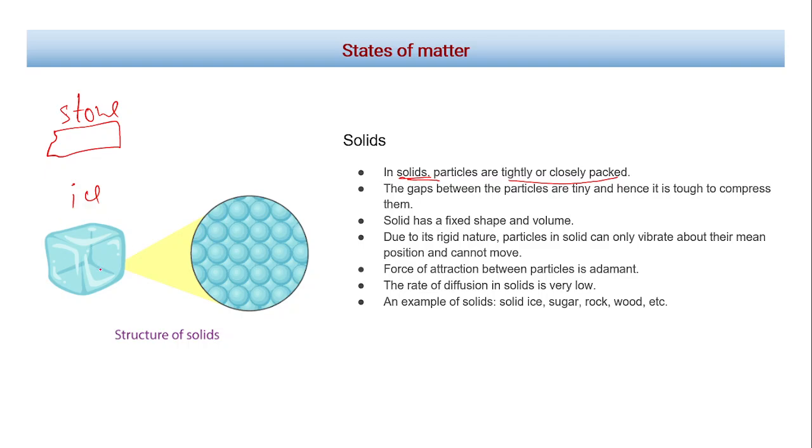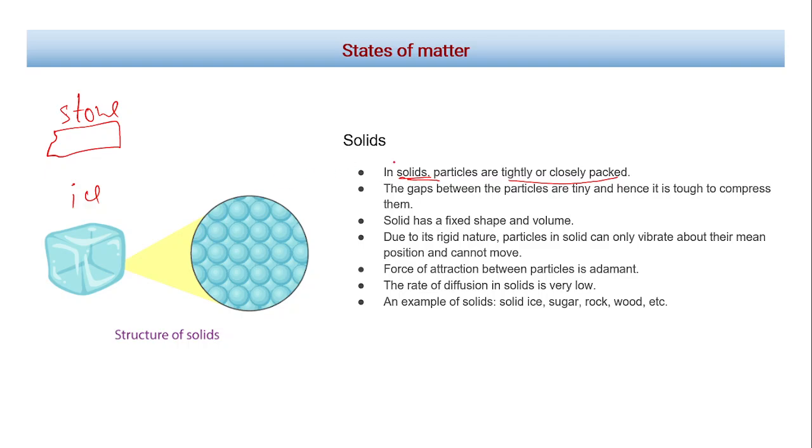Like for this ice, if it is frozen, the particles would be bound together. But if it gets sufficient temperature and it starts flowing, these atoms will start getting apart from each other. Then this won't remain ice. We start calling it melting and becoming water. So all these states of matter only depend on what kind of forces are acting between these particles and how rigidly they are held together.